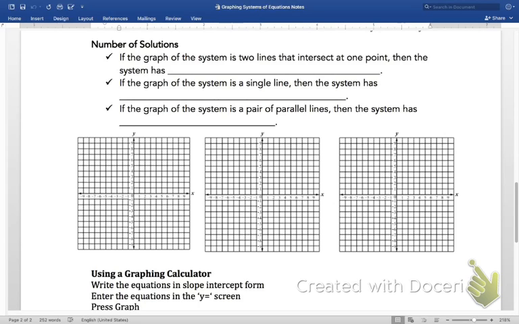So whenever we talk about the number of solutions, basically there's 3 types that you're going to get. The first one says if the graph of the system is 2 lines that intersect at one point, then the system has one solution. So if it intersects at one point, it's real simple. It's going to have one solution.